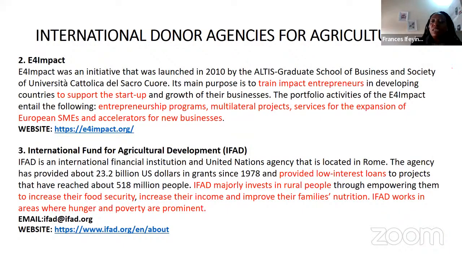They invest majorly in rural people through empowering them to increase their food security, increase their income, and improve their family. So this one falls into Professor Uche's example. Now, the low-income people, rural people, poverty alleviation, and increasing food security. All right, but they focus in areas where they have hunger and poverty issues.